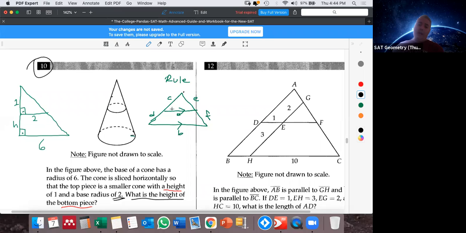In the small triangle, C divided by, in the big triangle, C plus D. In the small triangle, E divided by, in the big triangle, E plus F. And this is in the small triangle A, divided by in the big triangle B.